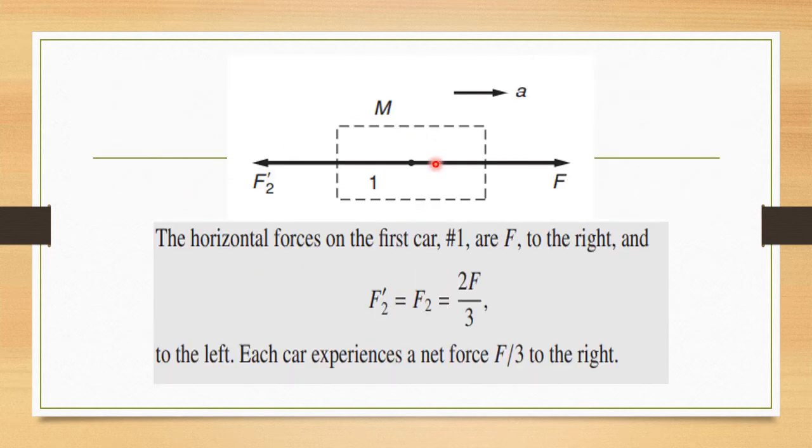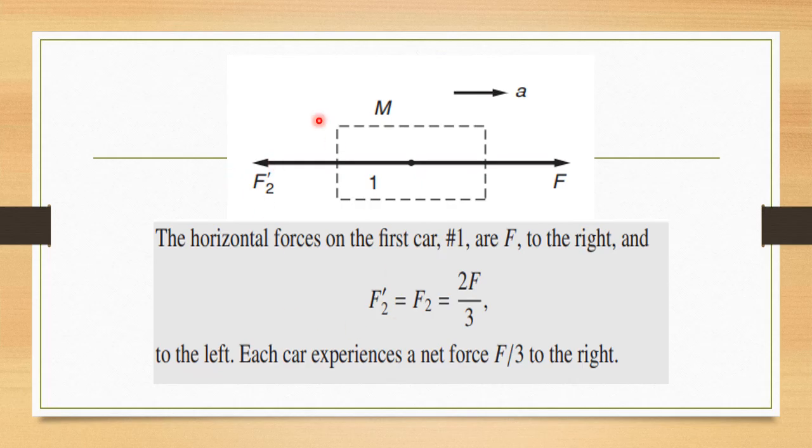Now the first car. The horizontal forces on the first car are F, the force from outside, to the right, and we have F2 dash towards the left side. F2 dash is equal to F2, that is 2F by 3 to the left direction.